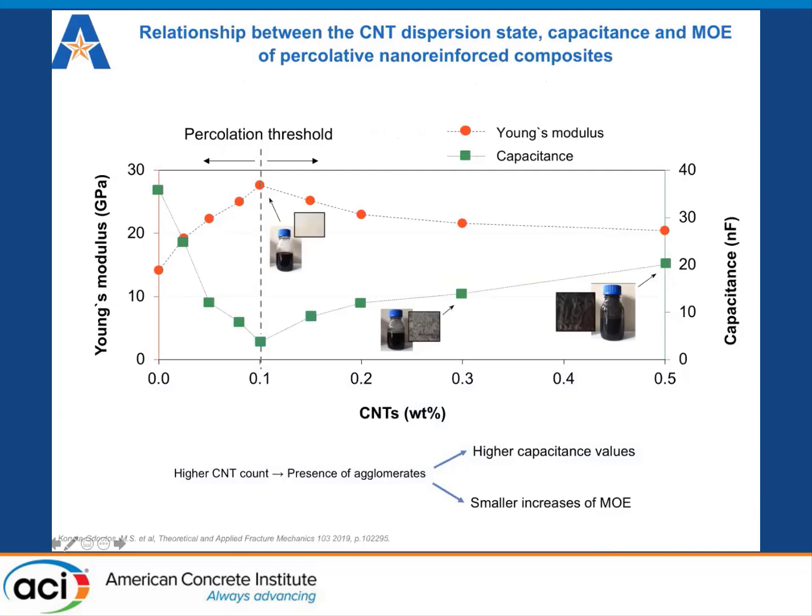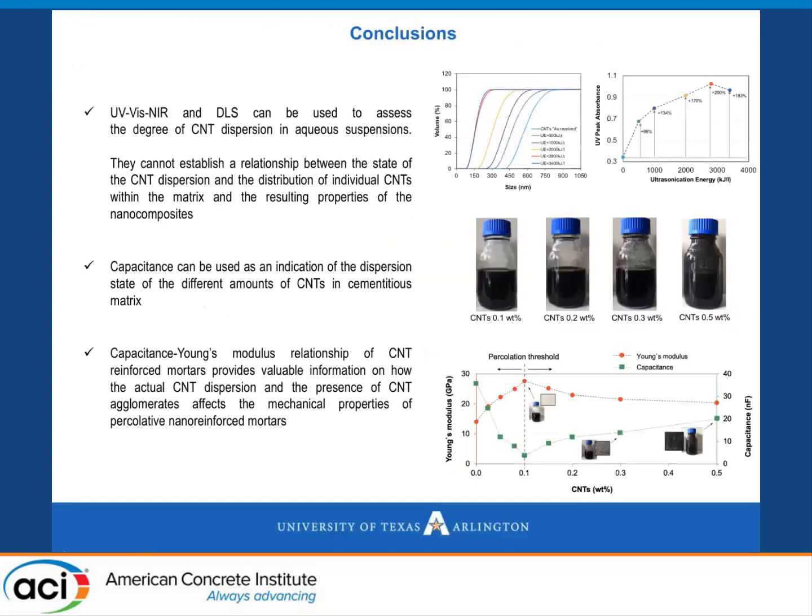And the 0.2, 0.3, and 0.5 mixes resulted in even lower increases of both strength and modulus, and at the same time, modest increases in capacitance value. The trend of the capacitance values observed can correlate well with the observed values for the modulus of elasticity. Therefore, we believe that capacitance values can provide a very good indication of the CNT's state of dispersion inside the cementitious matrix. And with that, I would like to conclude.